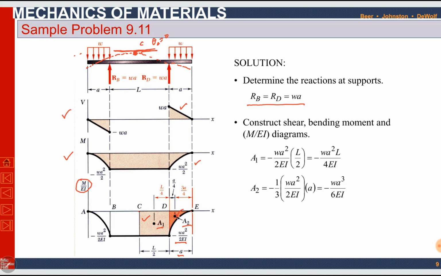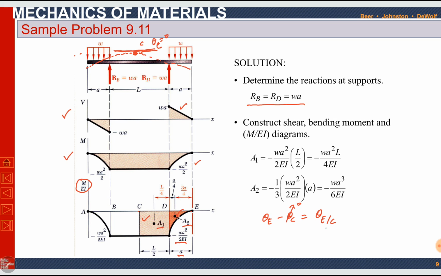Now we know that first we have to find theta E, slope of point E. Since I have already told that theta C is 0, this is our reference. So theta E minus theta C will be theta EC.